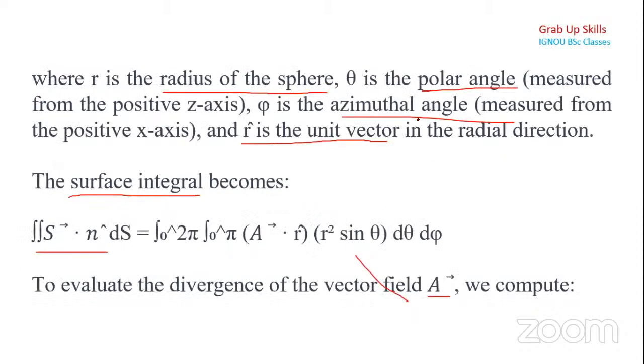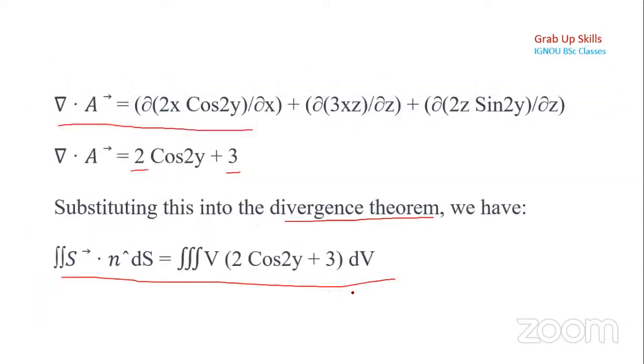What is theta here in the formula? It is the polar angle, and phi is the azimuthal angle. The surface integral formula would be this. Now in order to evaluate the divergence of the vector, we have this formula.